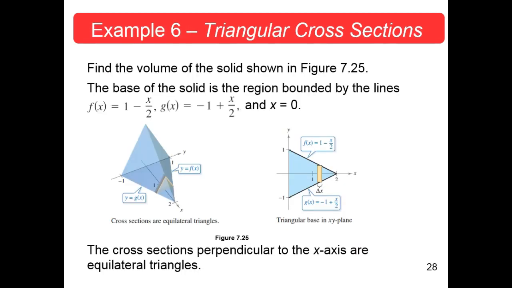So here's example 6. Okay? Find the volume of a solid shown in this figure, 725, this one right here. The base of the solid is a region bounded by the lines f of x is equal to 1 minus x over 2.